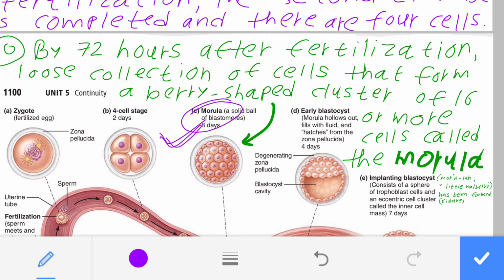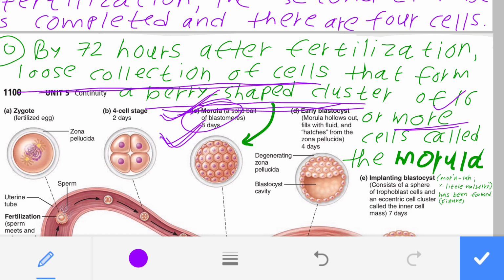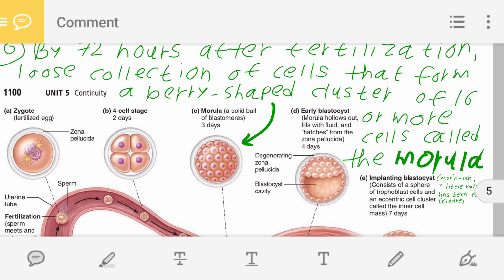In other words, we can say the morula is a loose collection of cells. The blastomeres are arranged like a berry-shaped cluster, and in this cluster there are 16 or more blastomere cells, and all the cells together are known as morula.